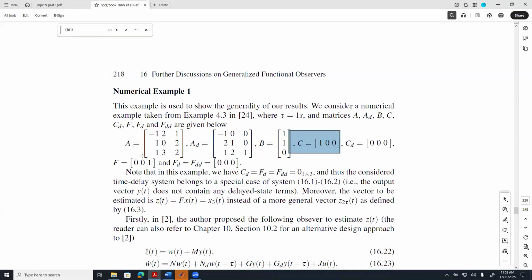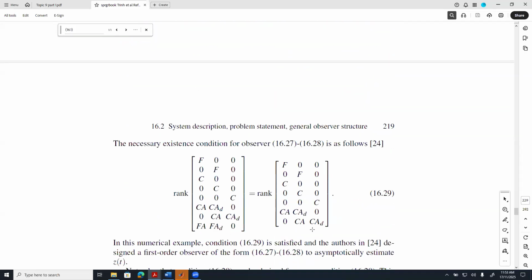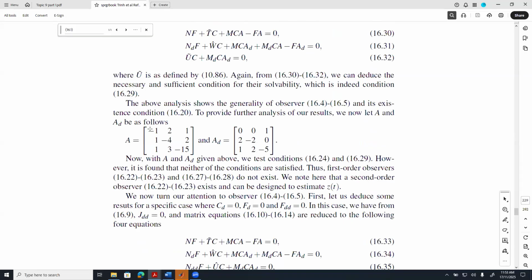And when we want to estimate state variable x3 of t, we're going to do the same, but we change the matrices I and ID to the new ones as given in here.